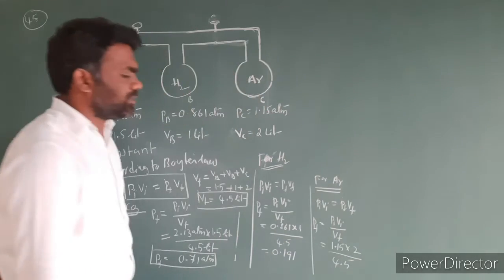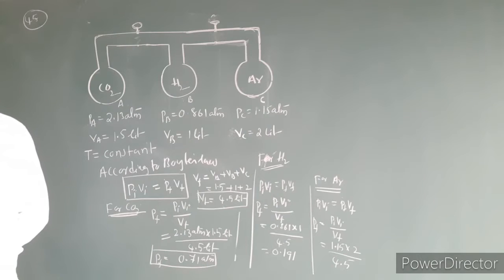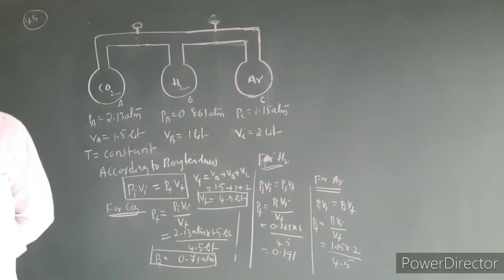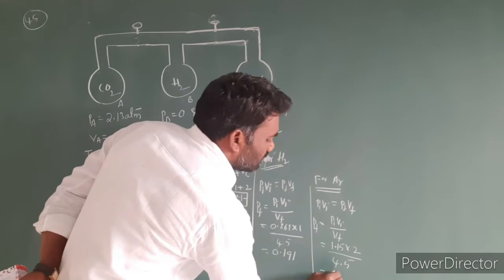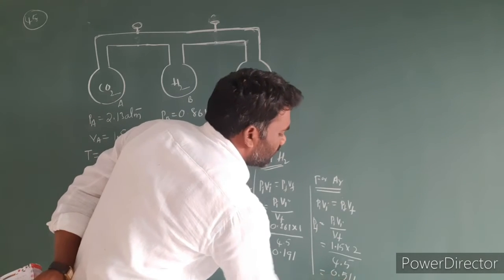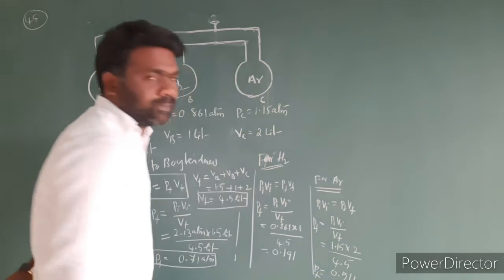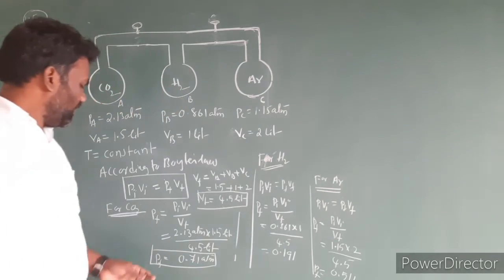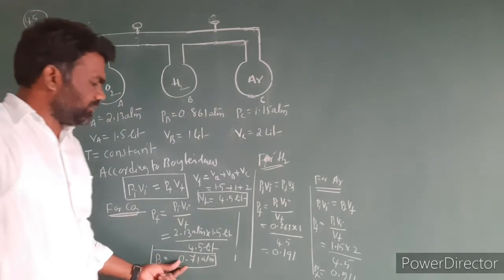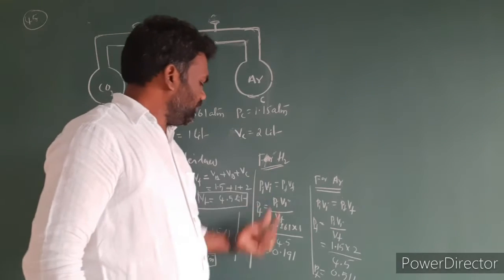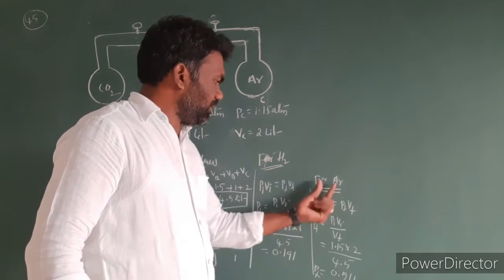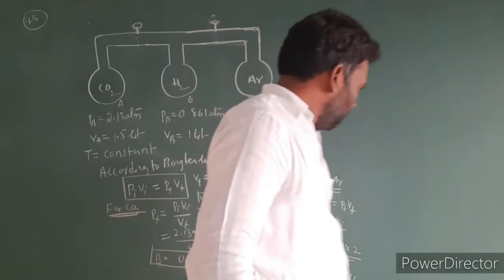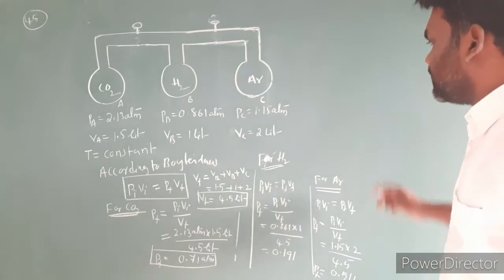That is 1.15 into 2 by 4.5, and we get 0.511. This is P final. So P final for carbon dioxide is 0.71, for hydrogen 0.191, and for argon 0.511.